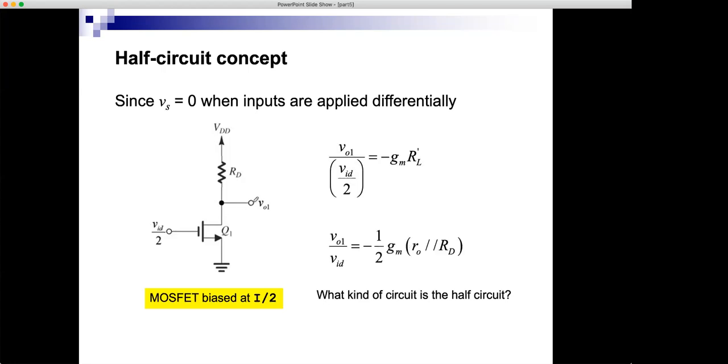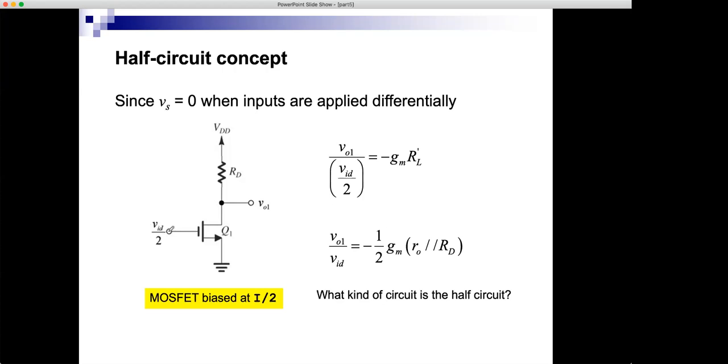For example, I know that the gain of a common source amplifier, V out over V in, a well-known result, is minus gm R'D. V out is VO1, the voltage at the drain of Q1. And the input, in this particular case of applying differentially VID, on the first gate I would have VID over 2.